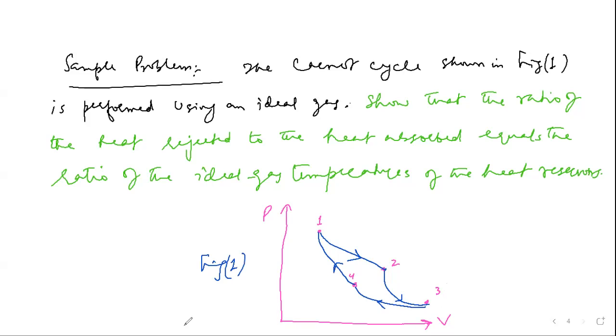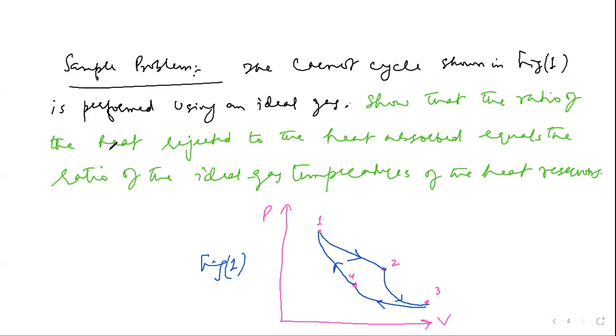The question is saying the Carnot cycle shown in figure 1 is performed using an ideal gas. That means we use our ideal gas as the working substance.